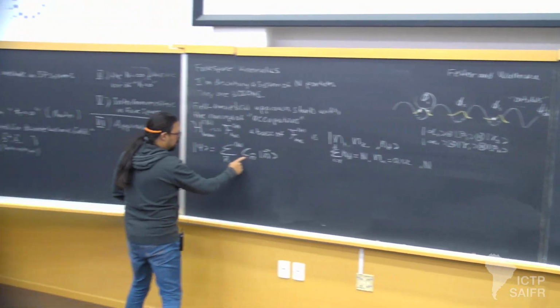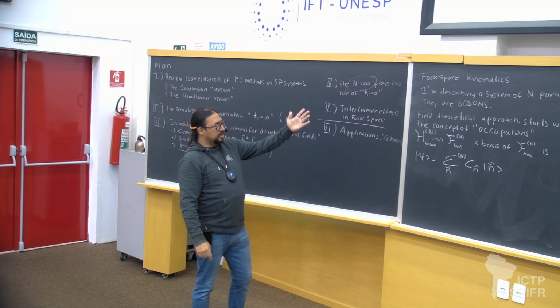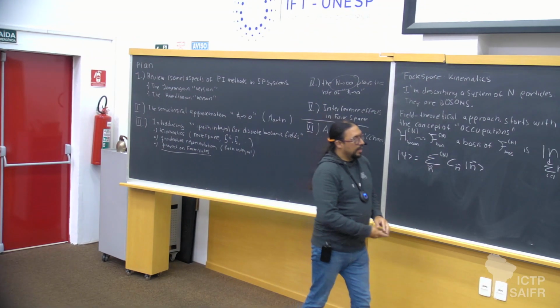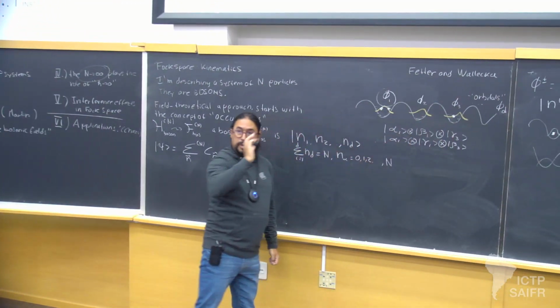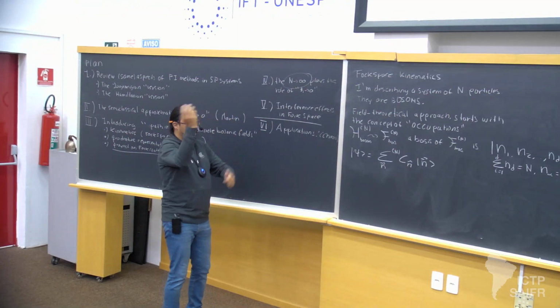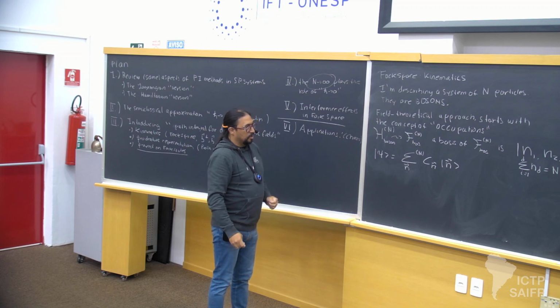And all these monsters are here, and you can create them. Of course, from among all these monsters, if you have only one particle, if n is equal to 1, then you have one particle here or there, and all possible superpositions. That's fine. That's the one particle case. But in two particles, you start getting more and more possibilities, and things get a little bit more complex, let's say.